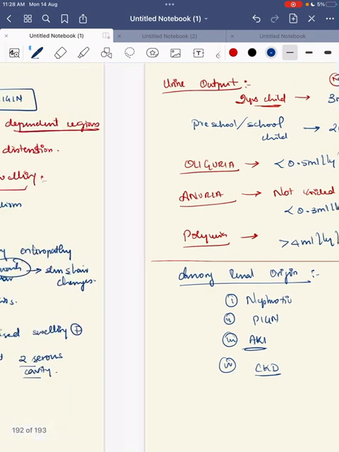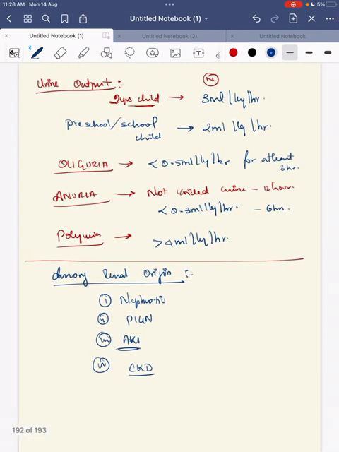Okay. Next, supposing in this child we have not mentioned any breathlessness. If you are going to mention breathlessness in the history, what are the causes of breathlessness in a child with nephrotic syndrome? Because your history is everything pertaining to nephrotic syndrome.